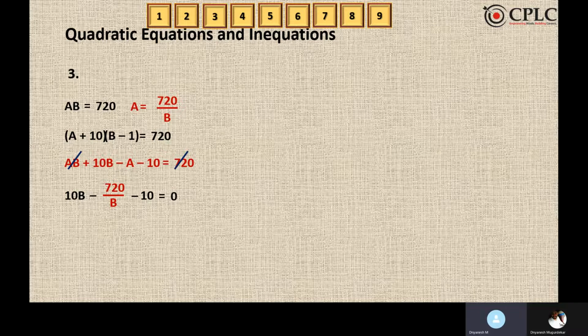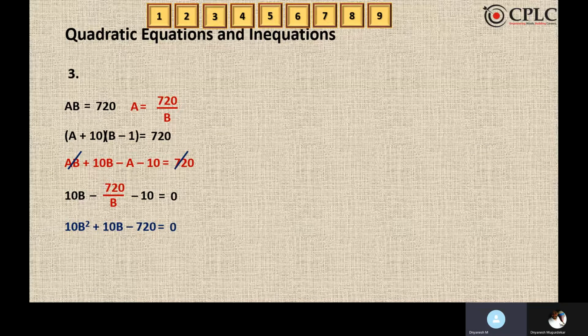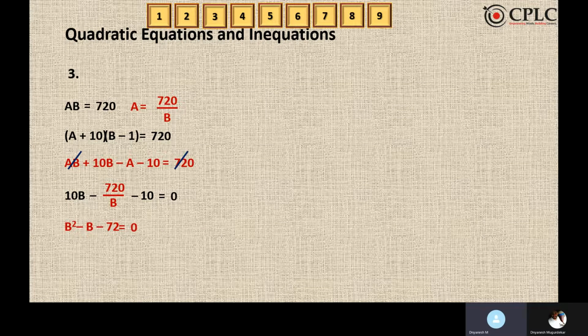So now this entire equation will be in B. Multiply throughout by B, you'll get 10B square plus 10B minus 720 is equal to 0. Divide throughout by 10 so that we can shorten the equation a bit. We'll get B square plus B minus 72 is equal to 0.